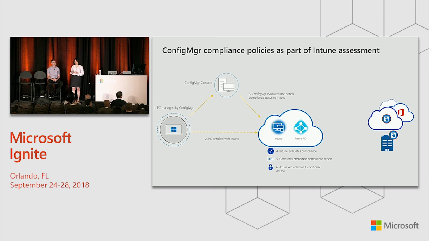And AAD will finally do the actual control. So the devices that are compliant are happy clients. They can access those corporate resources. And if something's wrong from either the ConfigMgr side or the Intune side, then the access is blocked, and we have user-friendly information to tell the end user what happened and what needs to be fixed.